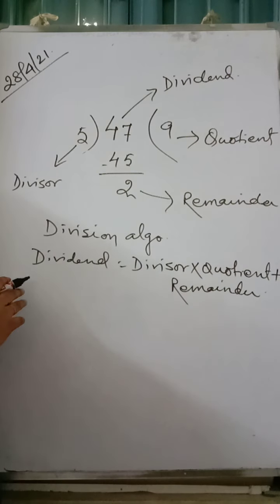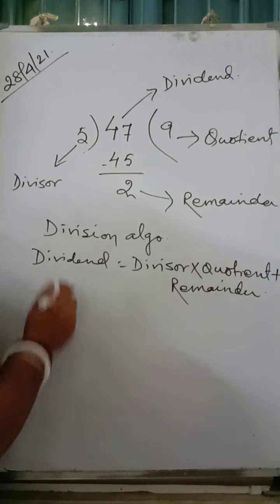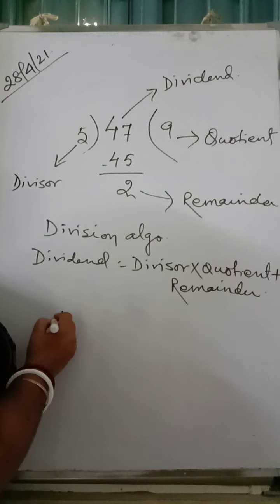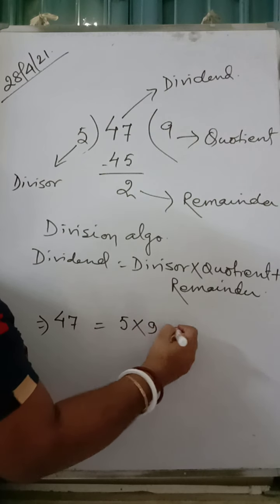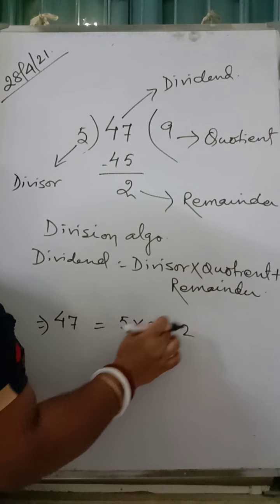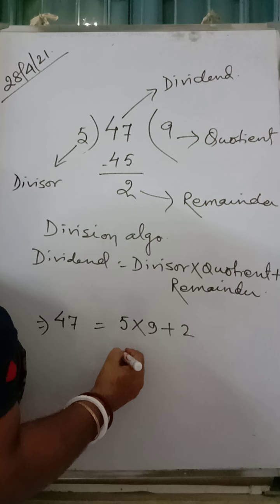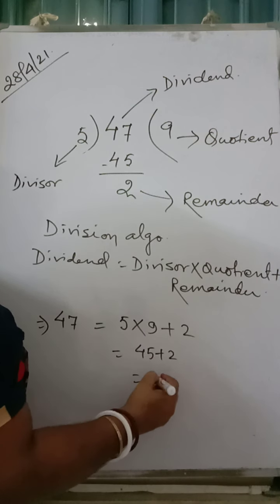This is the algorithm, this is the formula used to check our division, whether it is correct or not. Just see, we had dividend 47, divisor we had 5, quotient we got 9, and remainder we got 2. So divisor 5 into quotient 9 plus remainder, so plus 2. Now 9 5s are 45 plus 2, or it is 47.